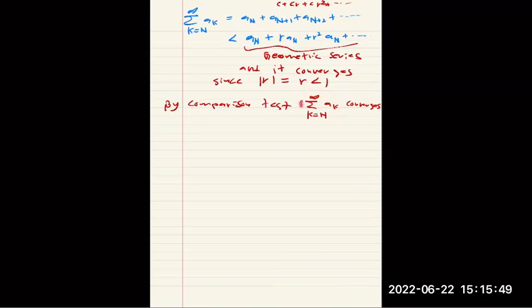Remember, the convergence of a series is determined by the tail part of the series, the summation of all the terms beyond and including the Nth term. So if the tail part converges, the entire series converges. This implies that the sum from k equals 1 to infinity of a_k also converges.